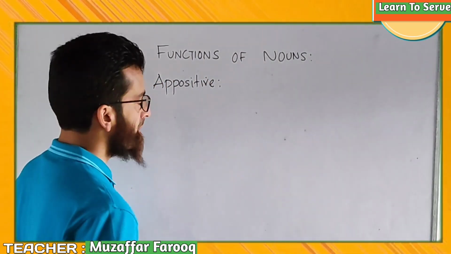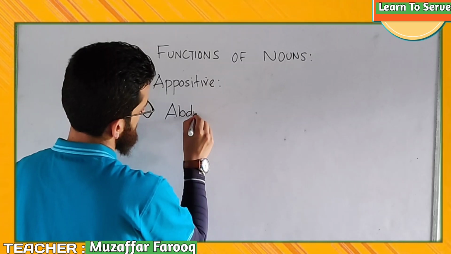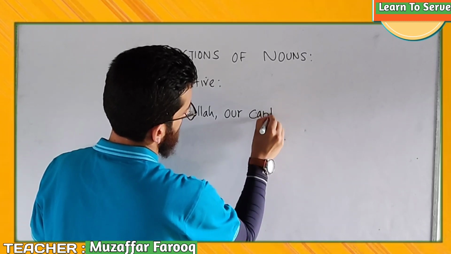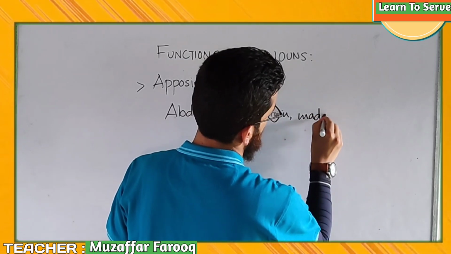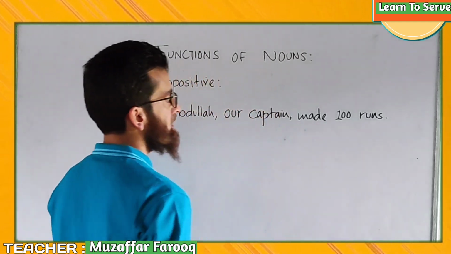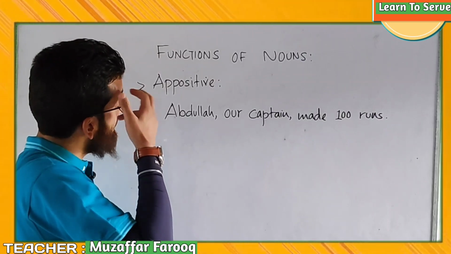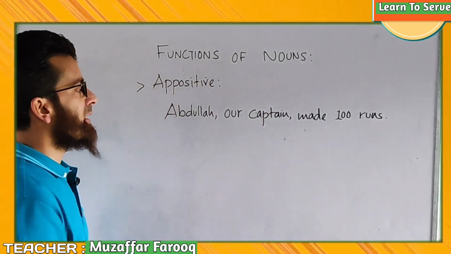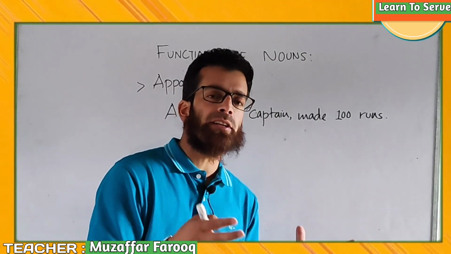For example, I say: Abdullah, our captain, made 100 runs. We have subject, we have verb, we have object. That's it. It is complete in sense, it is complete in meaning.